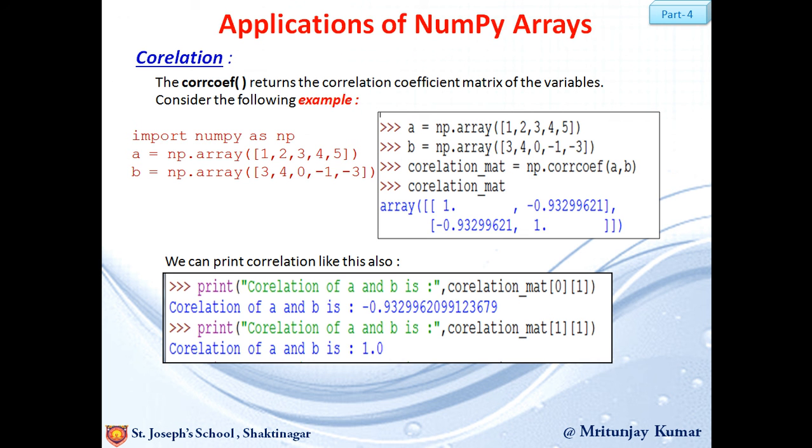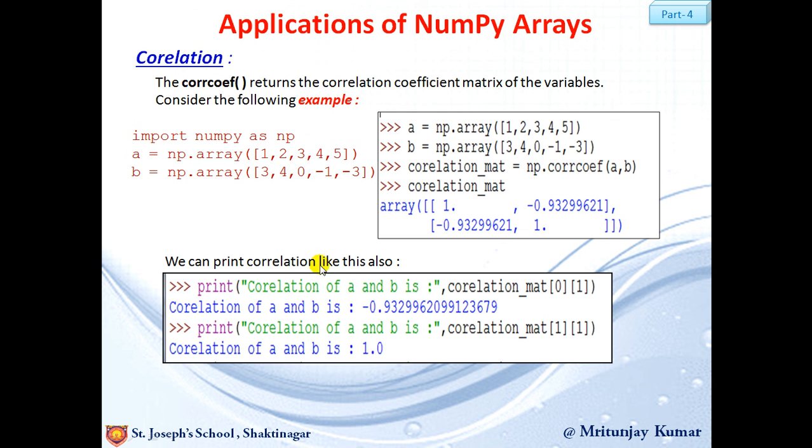Because it will return a matrix, that is another array, we have to give a name to the matrix. So we use np.corrcoef and pass the two arrays as arguments. Now we will get this output here.